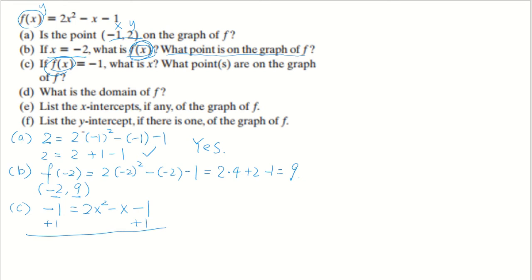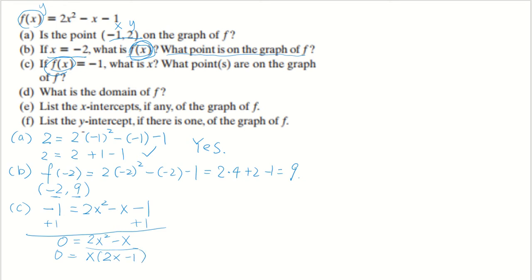That will give me 0 equals 2x squared minus x. Here I will solve it by factoring, because I see these two terms have a common factor of x. I will factor out the x. You have x times (2x minus 1).